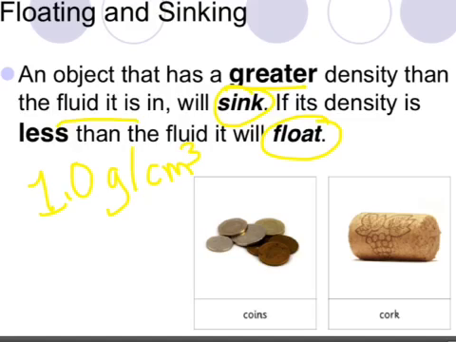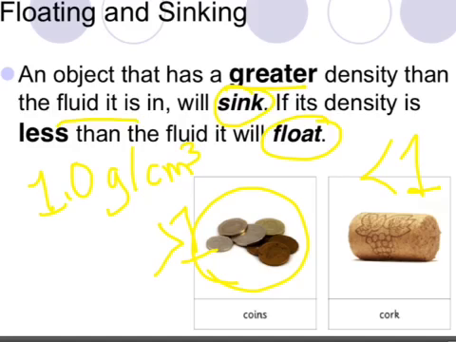Anything with a density less than 1 will float in water. But that could be the case for any fluid. We usually talk about water, but you could talk about lava, or oil, or vinegar, or any kind of fluid you could think of. So think about that. Coins are going to have a density greater than 1, and a cork is going to have a density that's less than 1.